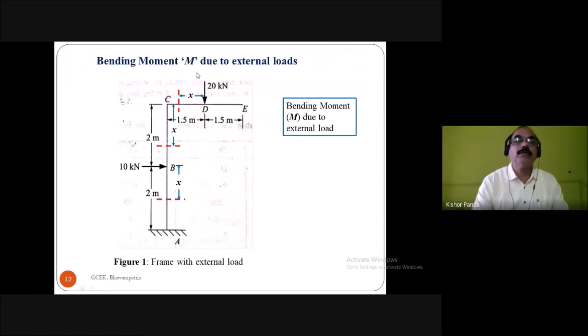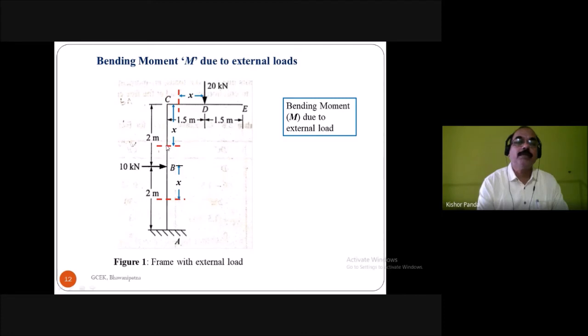So first you find the bending moment due to the external loads. This is the figure. Here you take the moment between E and D, between C and D, between C and B, and between B and A. Between E and D, the moment is 0, and between C and D, the moment is 20 into x, clockwise.